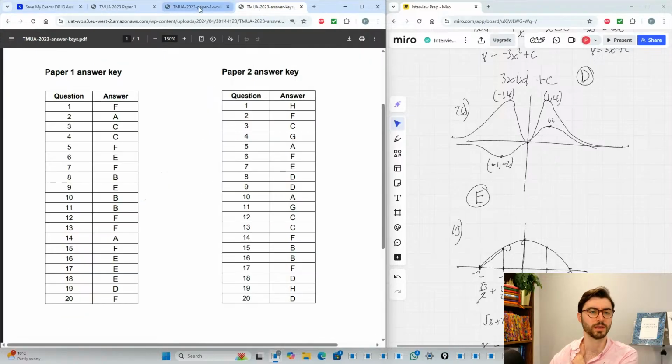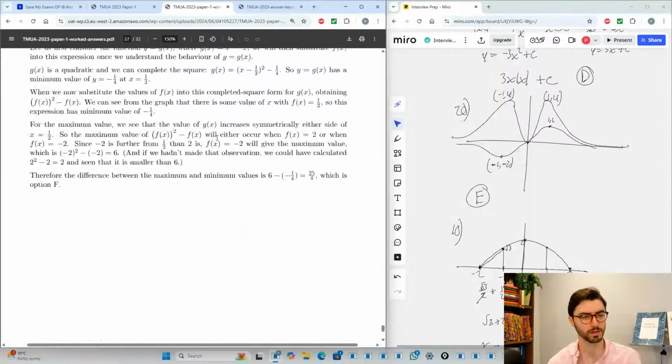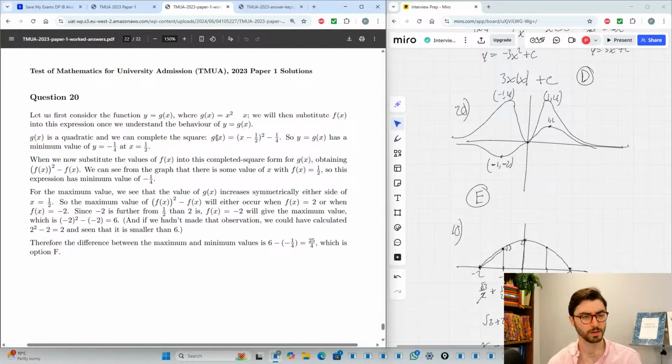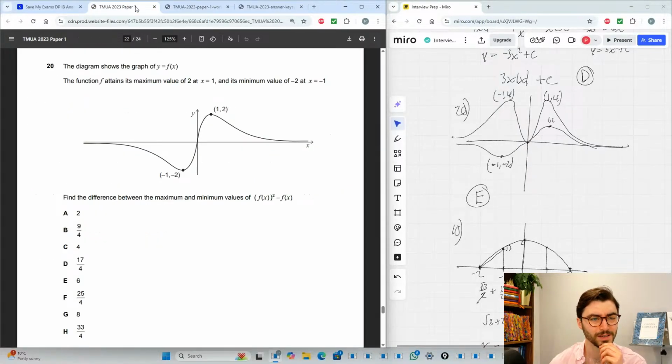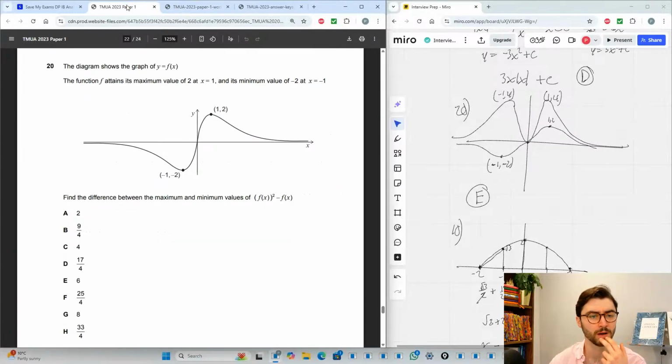Yeah, no, I want to check the full solution here. I'm not seeing this. What did I do? Y equals g of x. Why are we considering this, though? Why are we considering y equals x squared?